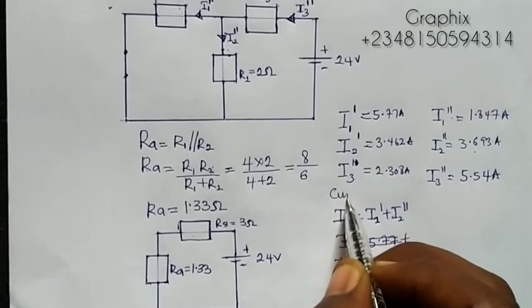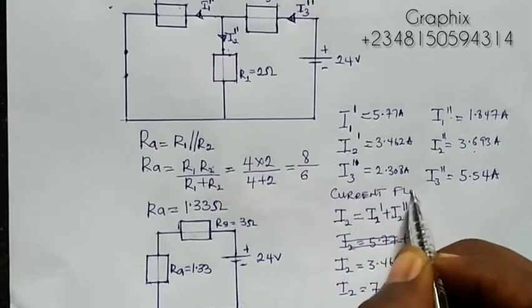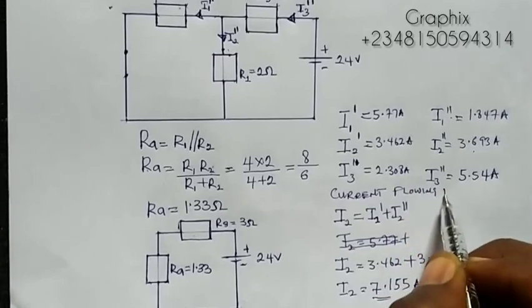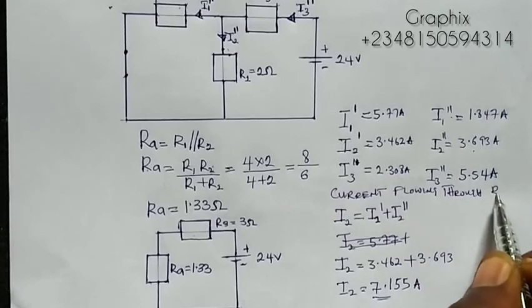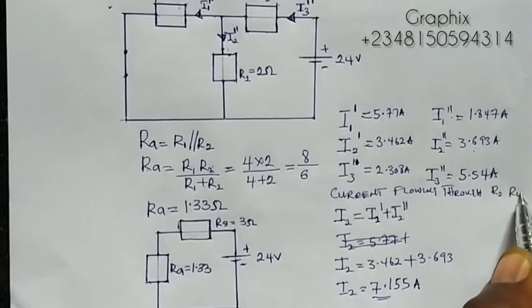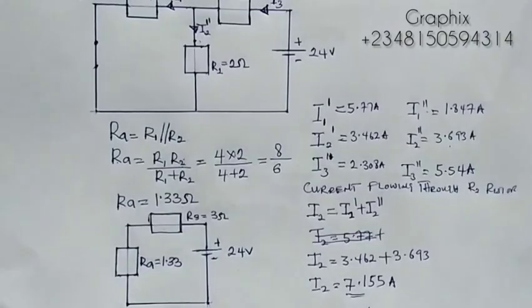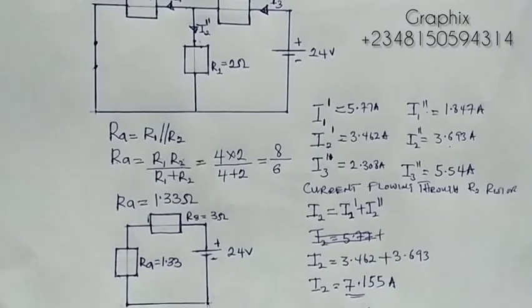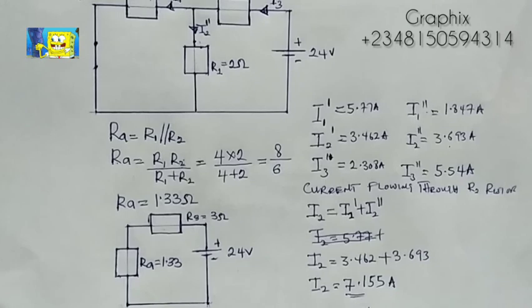So this is the current flowing through the R2 resistor. That will be the current flowing through the R2 ohms, 7.155 amperes.